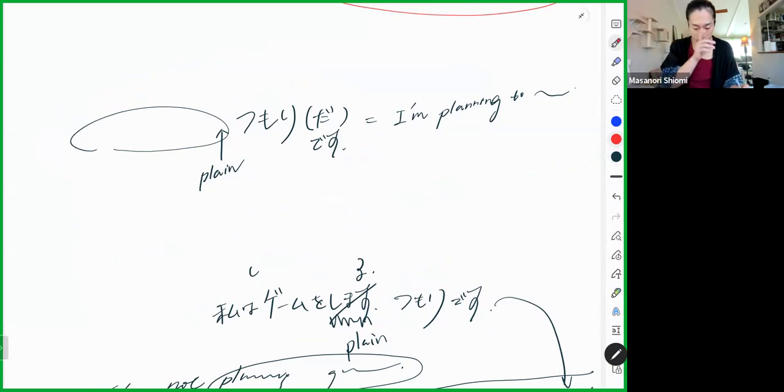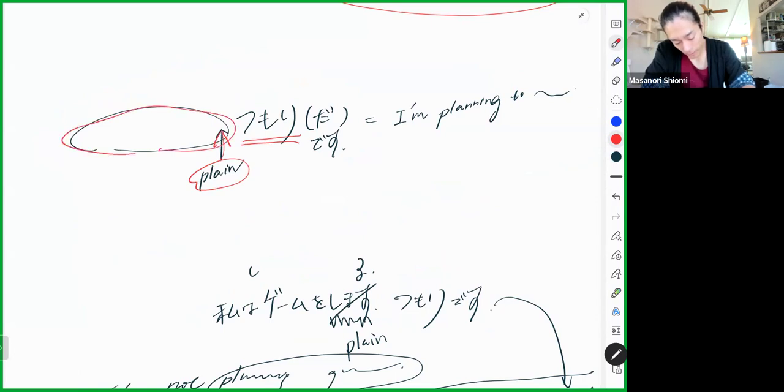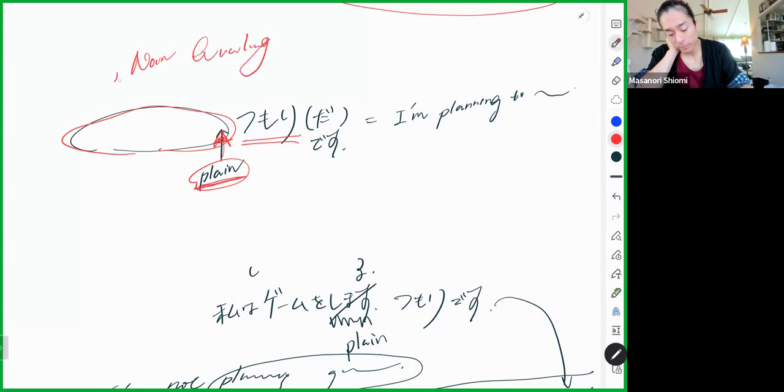You might have guessed already: whenever we make the ending plain, it's safe to assume that it's used in a noun qualifying sentence. This is why I always say that noun qualifying sentences are really important, which means つもり is a noun.